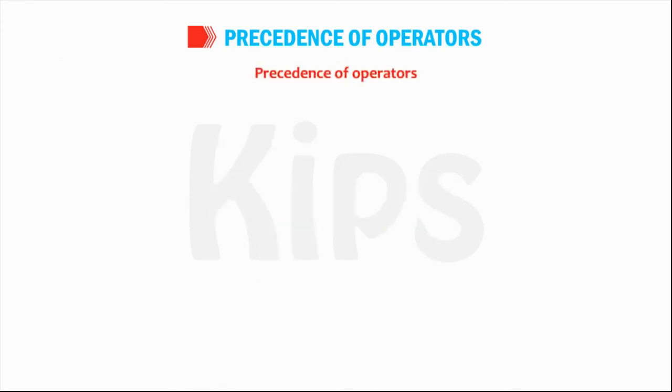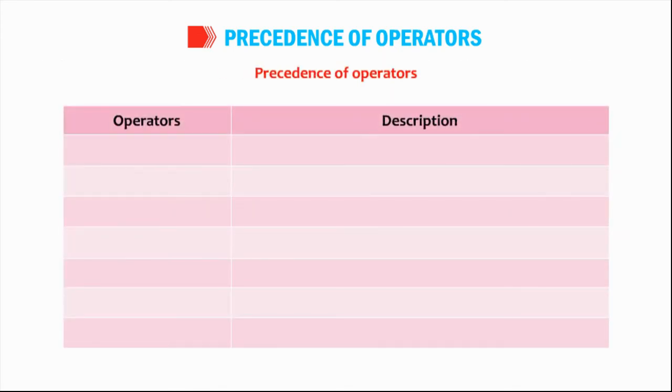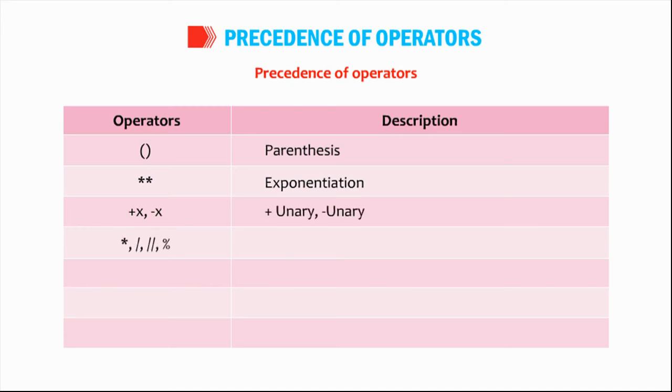Precedence of operators. Operators, description. Brackets, parenthesis. Asterisk asterisk, exponentiation. Plus x, minus x, unary plus, unary minus. Asterisk, slash, double slash, percentage: multiplication, division, floor division, modulus.